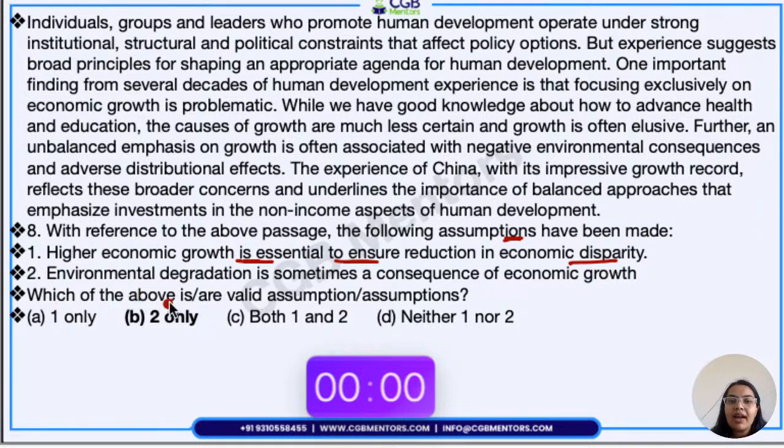Second one, environmental degradation is sometimes a consequence of economic growth.